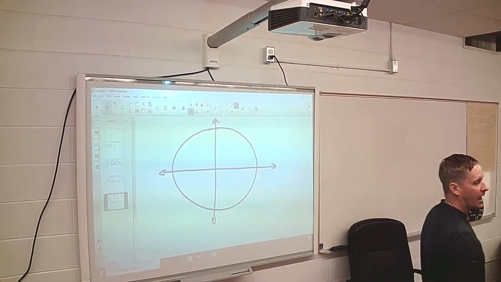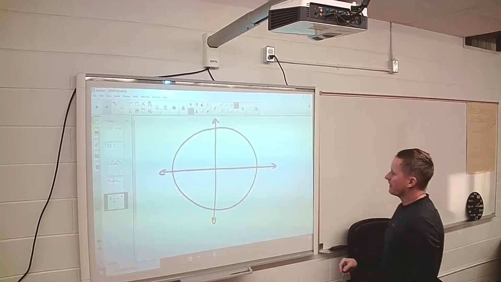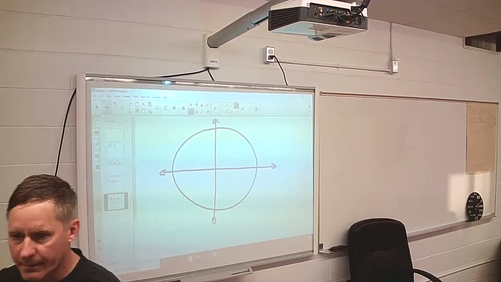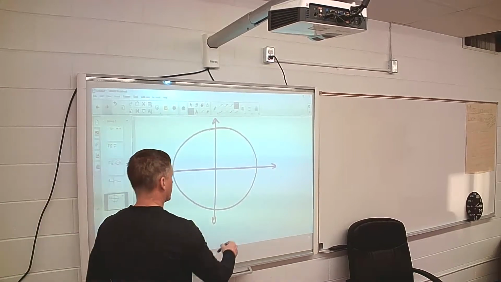No. Can sine and cos be less than -1? No. All right? So let's say that my radius on this circle is 1. So the distance from the origin to the outer edge of the circle is 1. What does that make this coordinate right here?